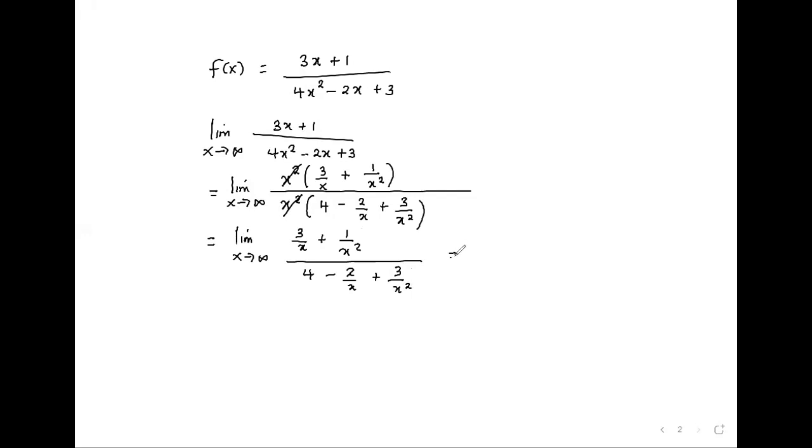The limit behaves in this way. You can actually split it. The limit as x goes to infinity, you get for the numerator. And then you come down and have the limit and get for the denominator.